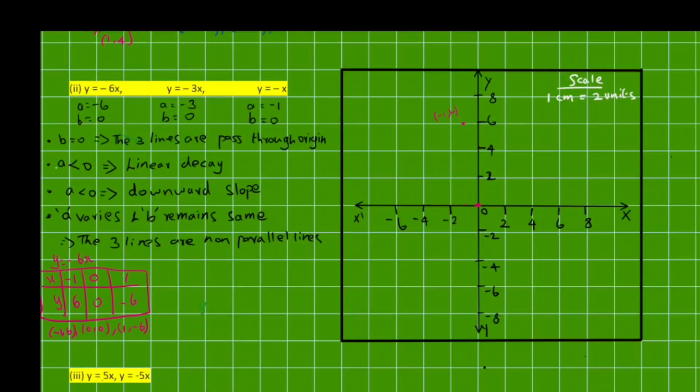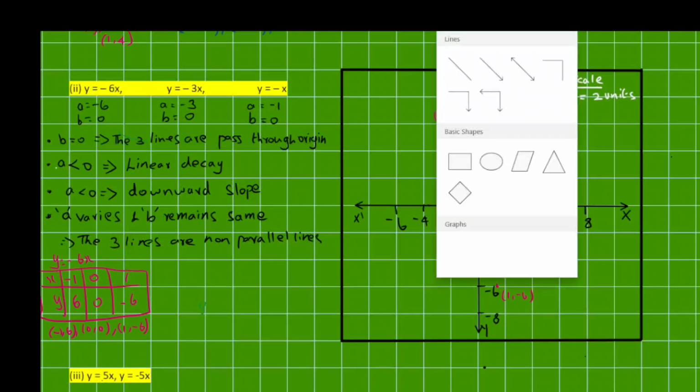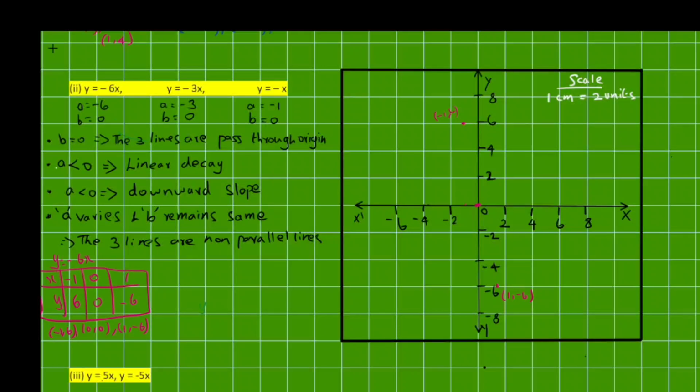And the third point, plus 1, minus 6. Let's join the points. This is the line representing y is equal to minus 6x.